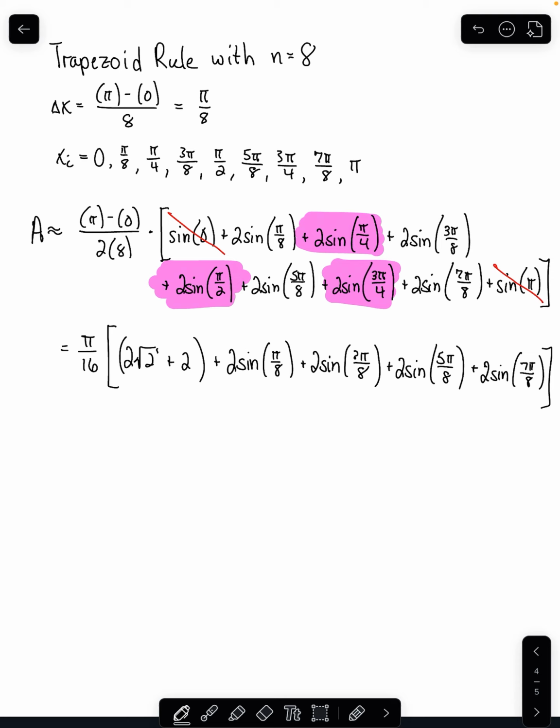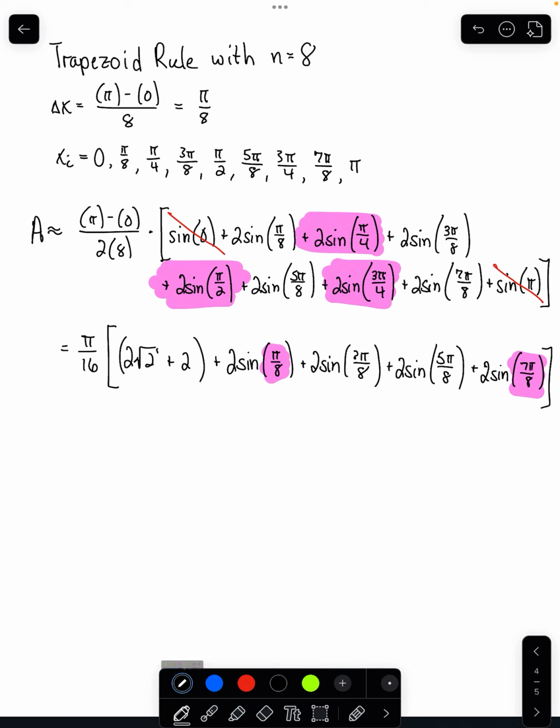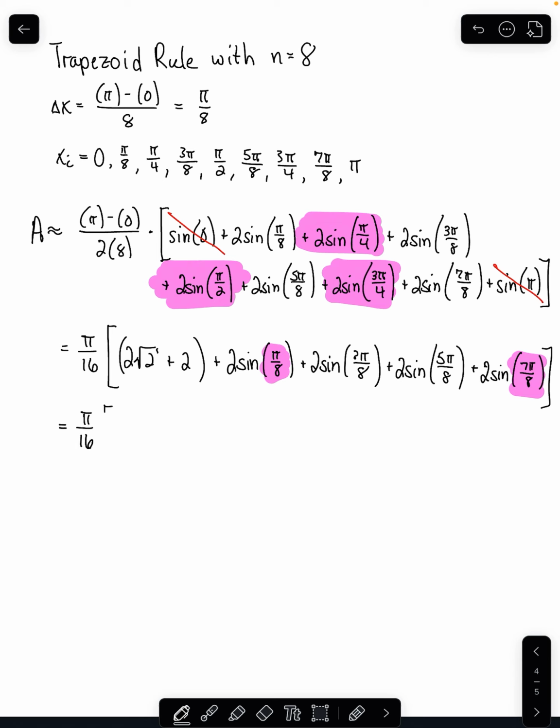As we saw with the midpoint rule, though, we know that some of these are symmetric to each other. Pi over 8 is symmetric to 7 pi over 8 in that they have the same y-coordinate. So these two things together can be combined to be 4 times sine of pi over 8. And again, at this point, this is just a matter of simplifying what we're going to write into the calculator.